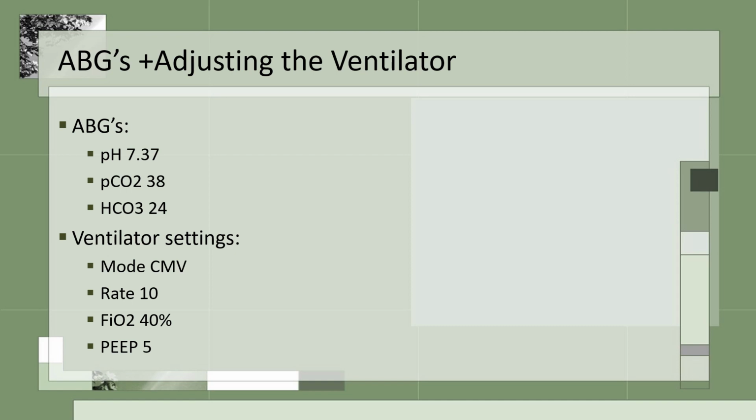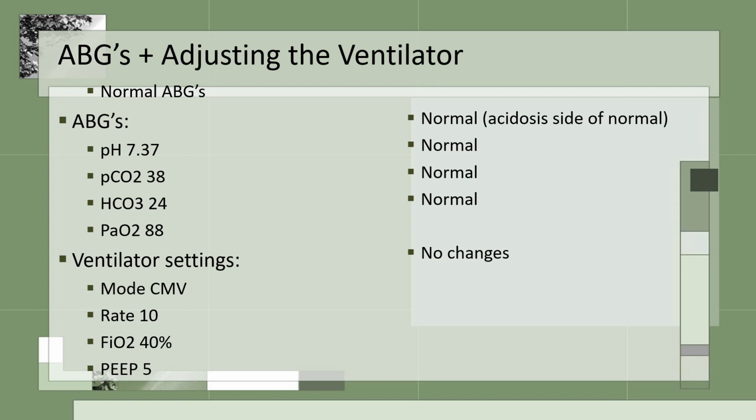We're now going to learn how to interpret ABGs and then adjust ventilator settings. So in this one, just figure out what your ABGs are doing first. This patient actually has normal ABGs, but those are still something you need to learn to recognize.